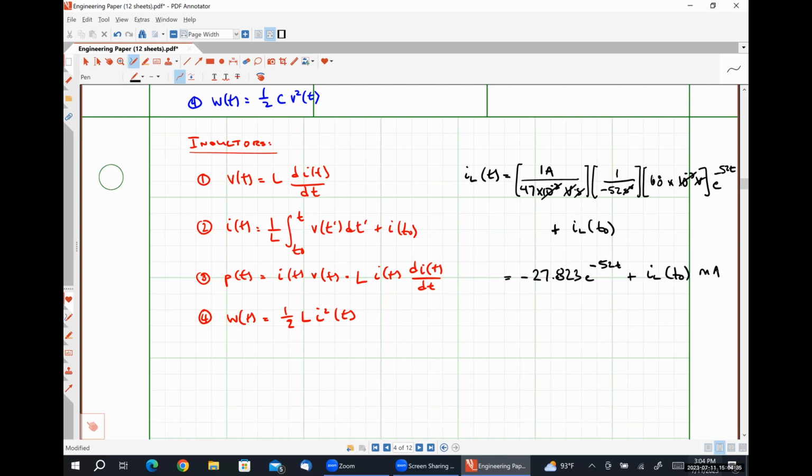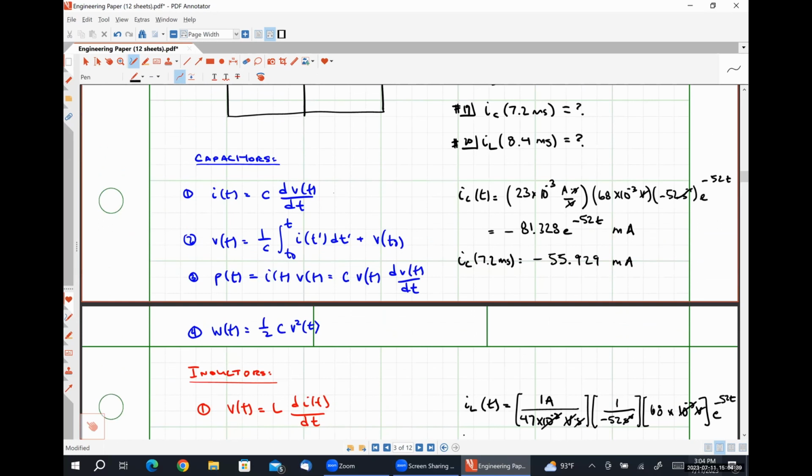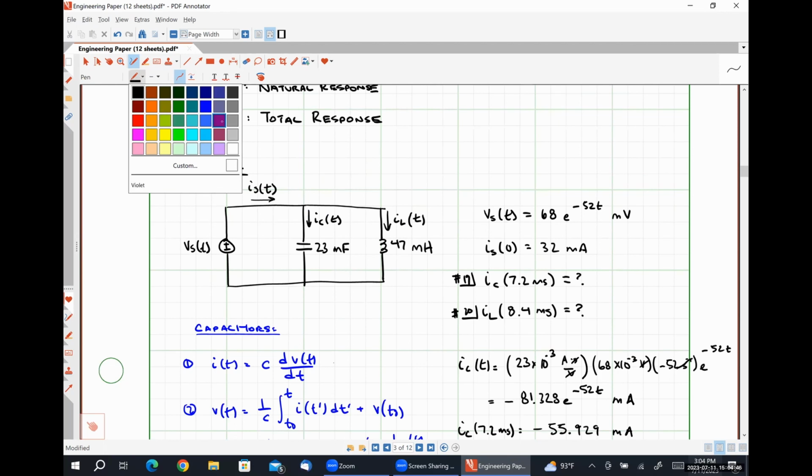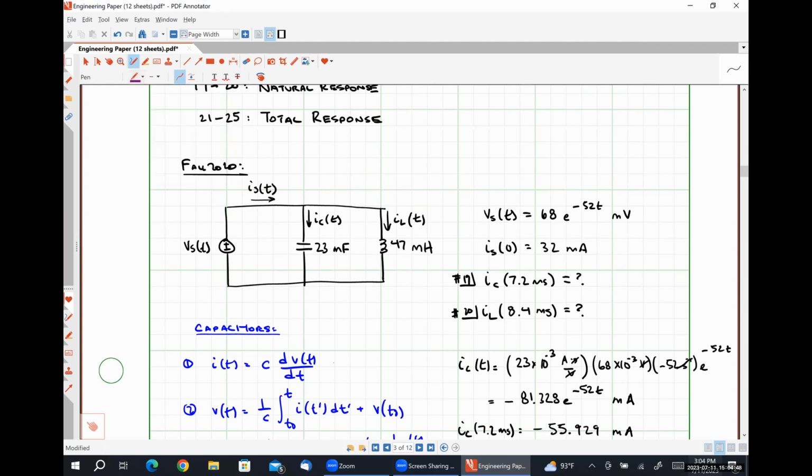And we're going to do it exactly like we did in the homework problem, right? So let me scroll up here. So if we apply Kirchhoff's current law to this network, we can see that IS of T is equal to IC plus IL.